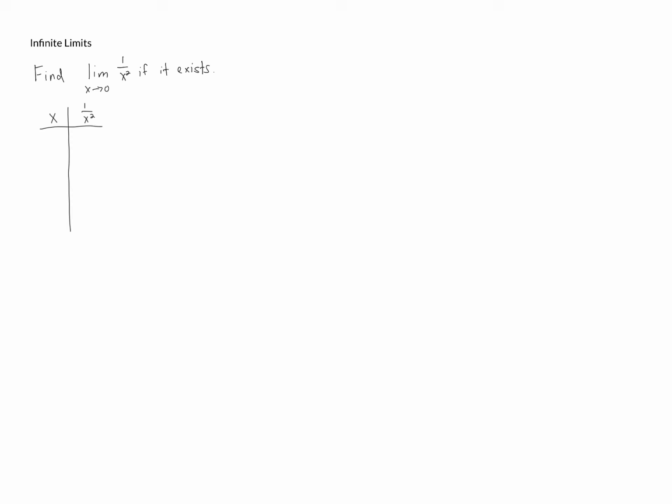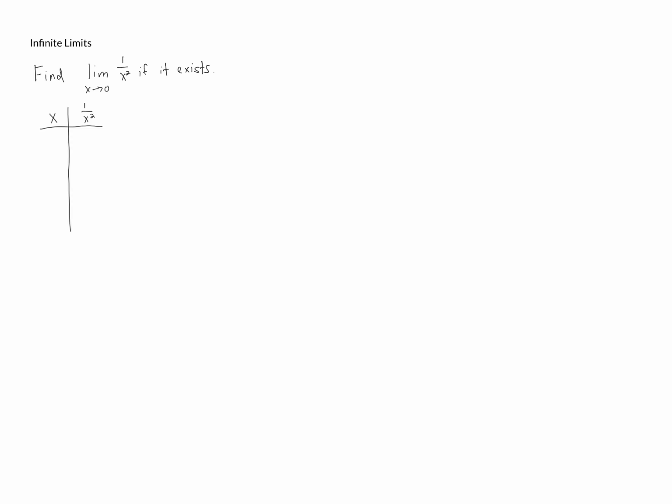But there is a little shortcut we're going to take, because when we look at 1 over x squared, we know that whether we take a negative or a positive and square it, we'll end up with a positive answer. So whether we take a value for x that's positive or its opposite, we're going to end up with the same answer.